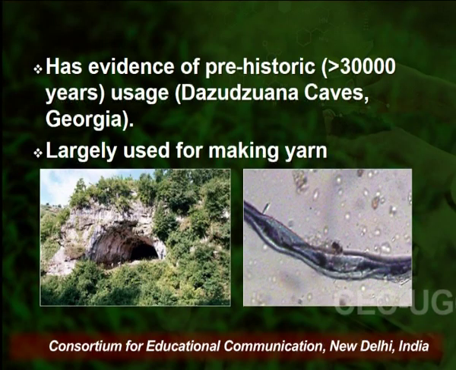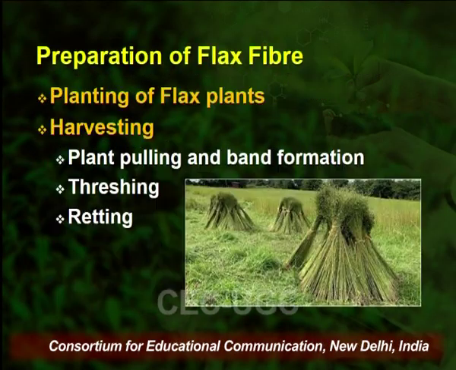And in the second image you can see the microscopic image of flax fibers, wherein you can see twists in the structure, and this twisting basically helps in spinning of these fibers and converting them into yarn.